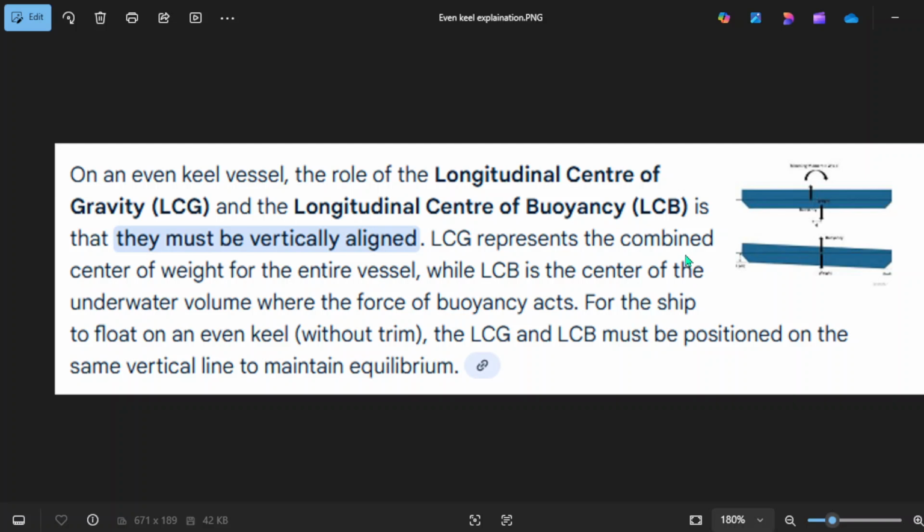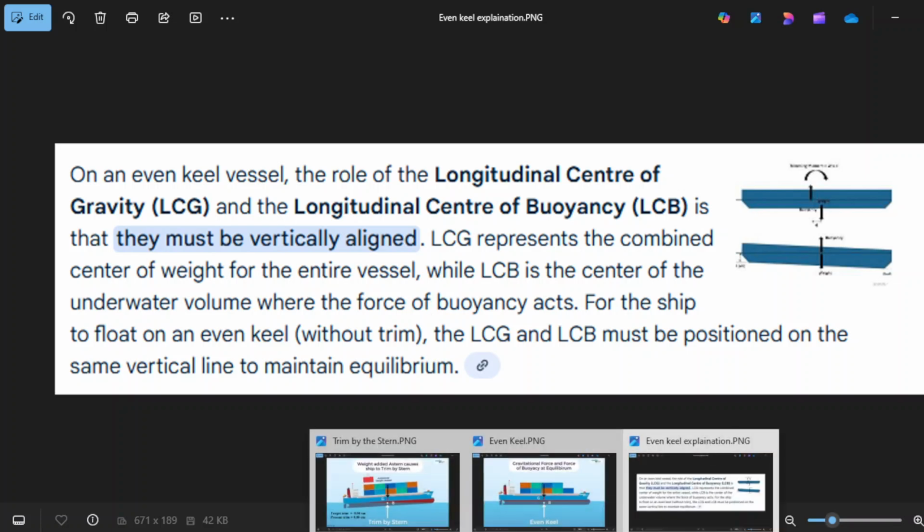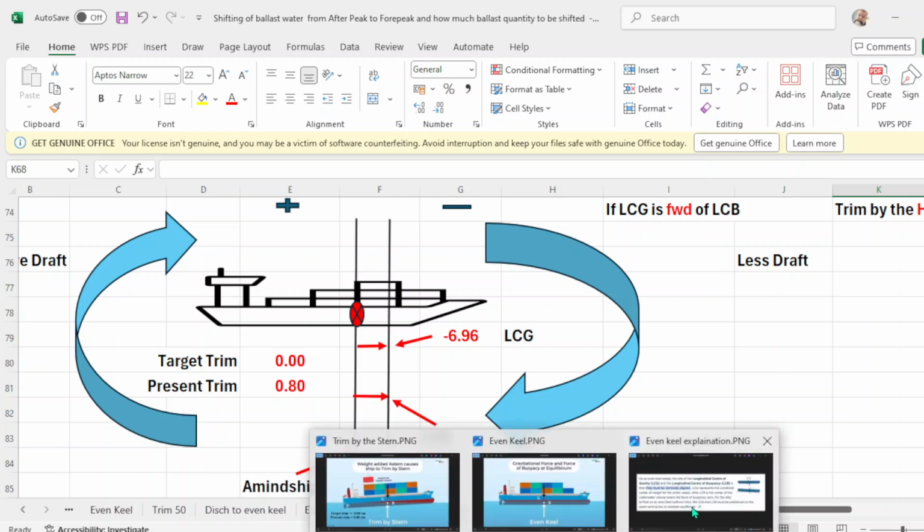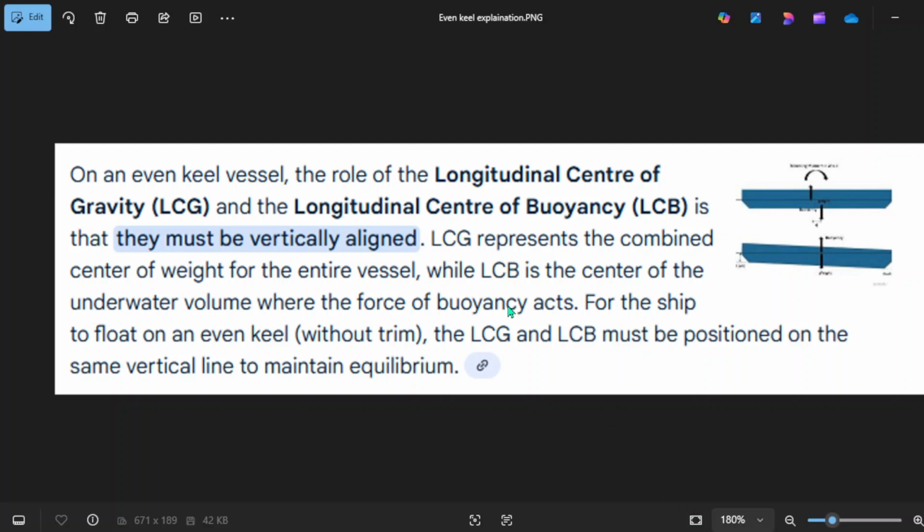LCG represents the combined center of weight of the entire vessel. Okay, the entire weight of the vessel goes along this line, going down. While the LCB is the center of the underwater volume where the force of buoyancy acts.